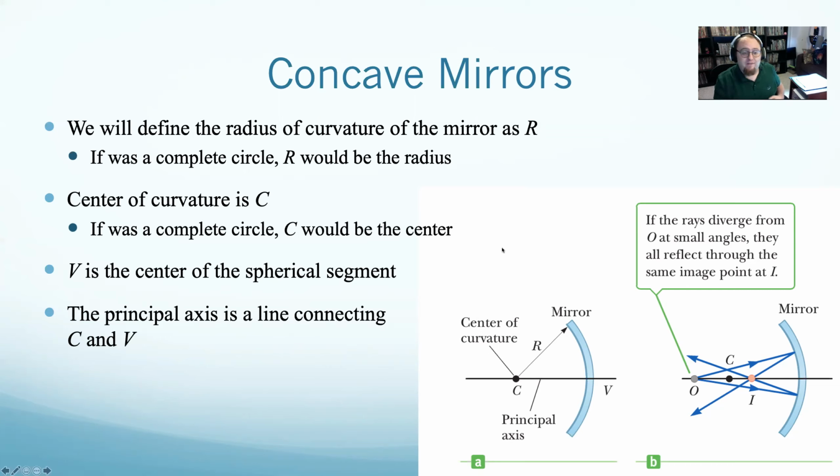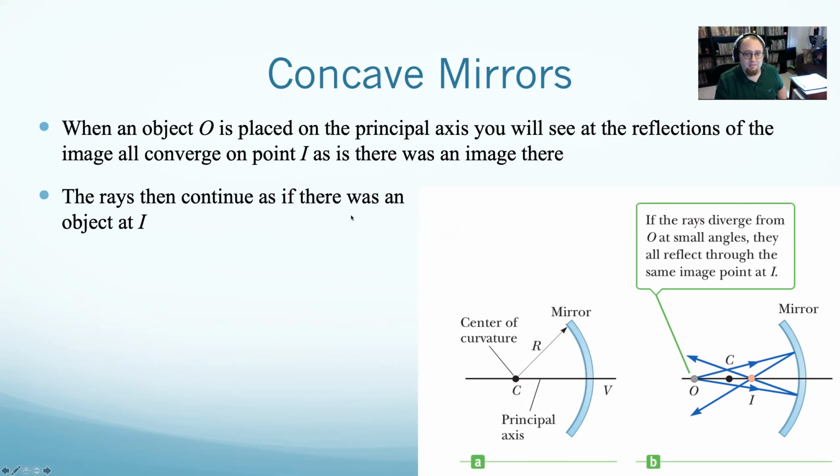Now, if you put an object on the principal axis, and it has light spreading out, all the light that hits the mirror will bounce off following the law of reflection. Because it's a curved mirror, the normal of the mirror is at different angles as the mirror goes around.